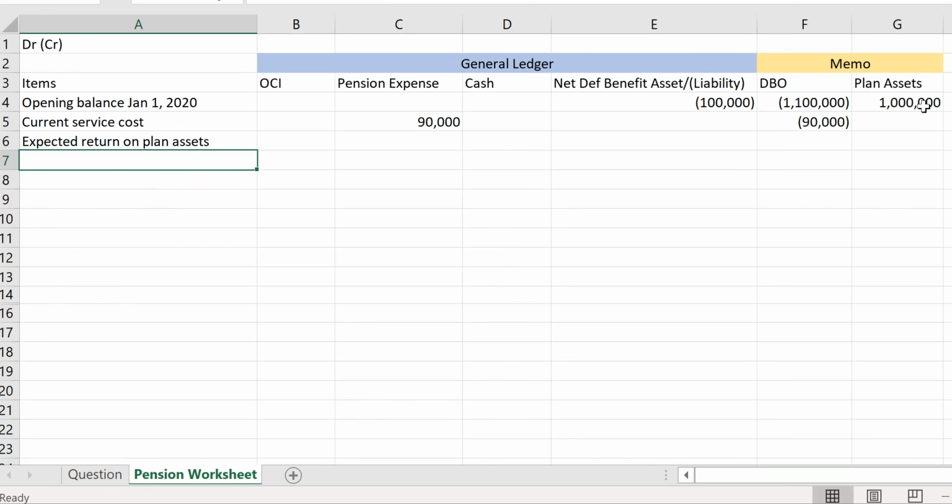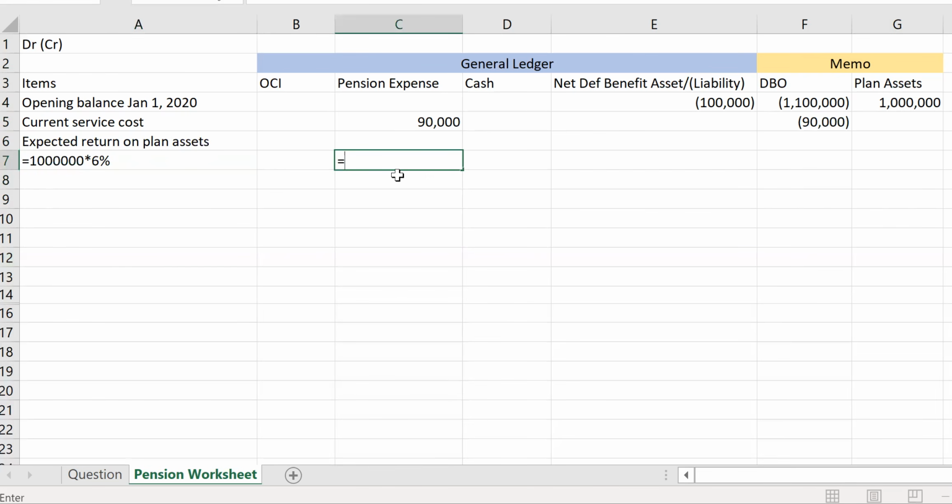But because the contributions were made at the end of the year, we can assume that for like 99.9% of the year, we only had $1 million. So our expected return is going to be $1 million times 6%. That is going to be our expected return on plan assets, and that is going to actually decrease our pension expense.